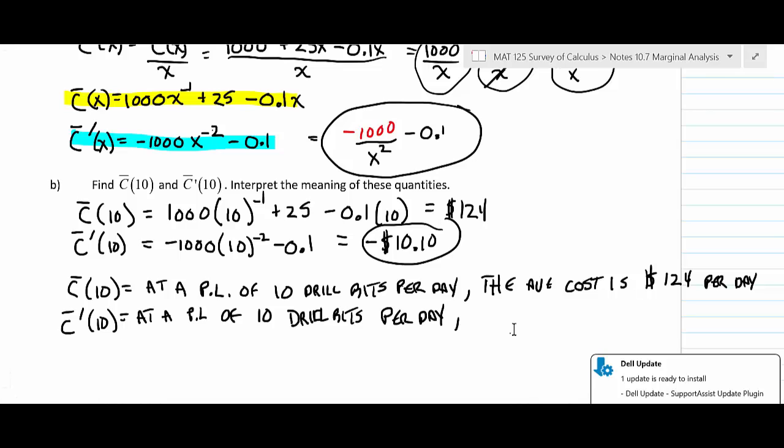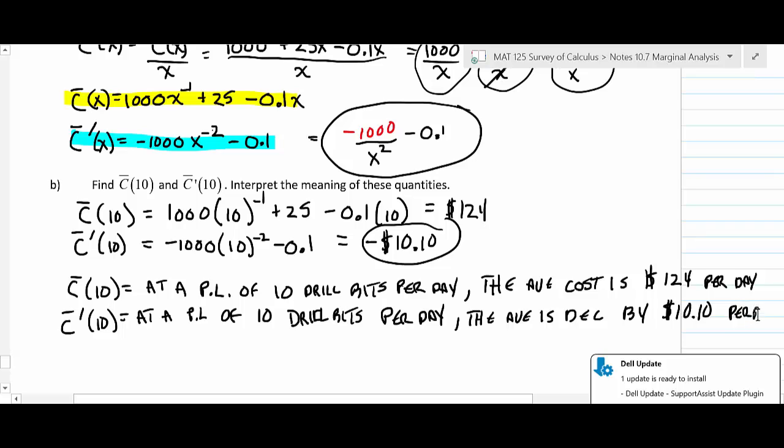So we're going to say the average cost is decreasing by $10.10 per day. So it's kind of the same thing. Anytime you're talking about a marginal of something, you're talking about how it's increasing or decreasing. That's the idea. Okay?